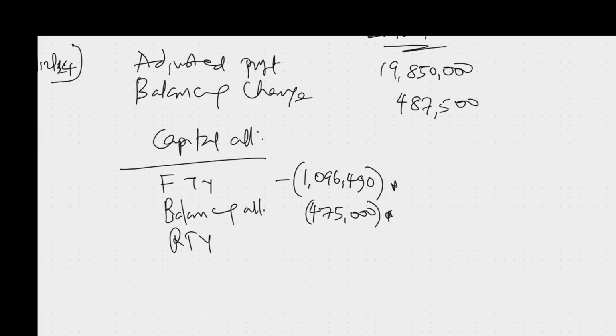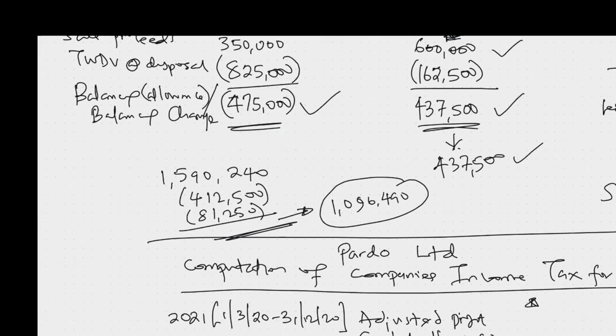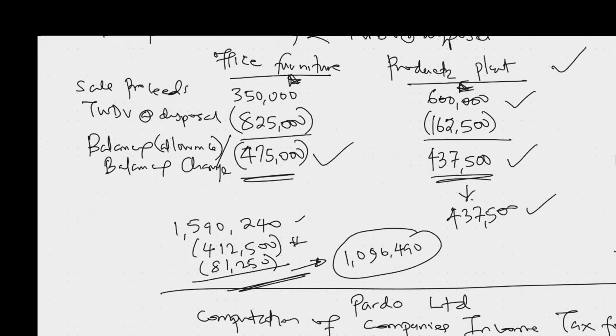I said in 2025, we are not supposed to calculate capital allowance on production plants and furniture, and we have gone ahead to calculate it. So that's why we said we should not have done that.